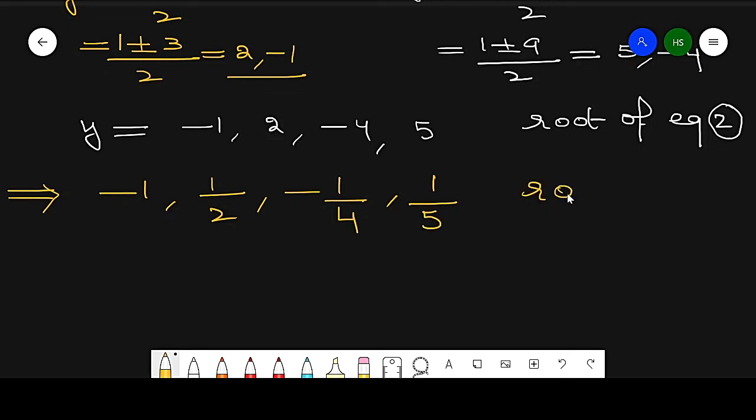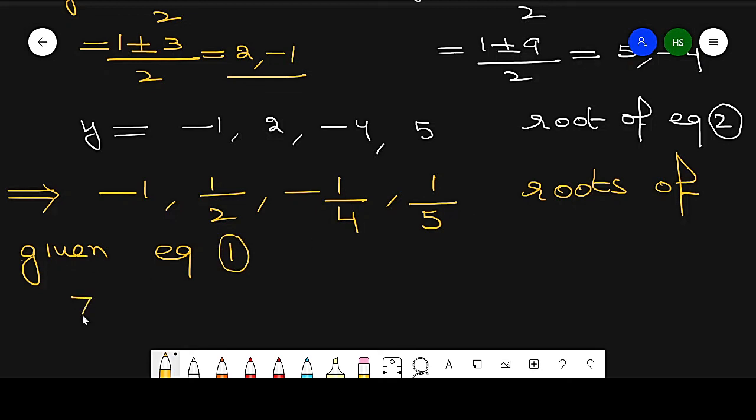So these are the roots of the given equation 1, which proves our result. And the value of lambda that we already found in this equation is 22.